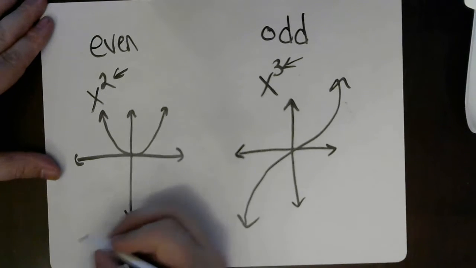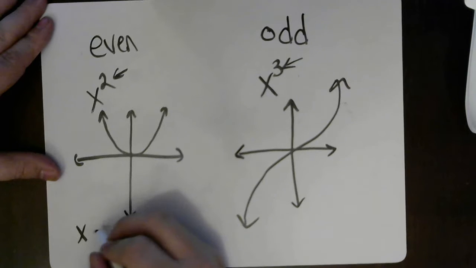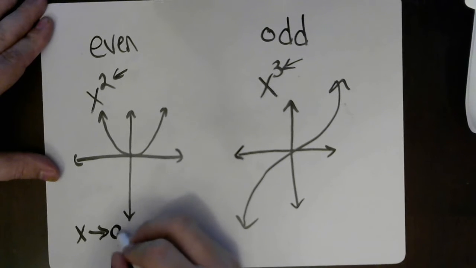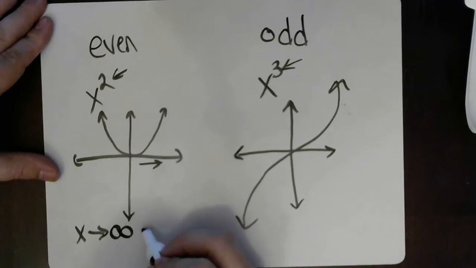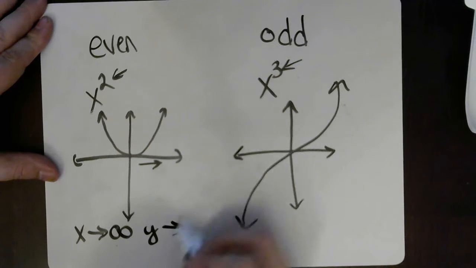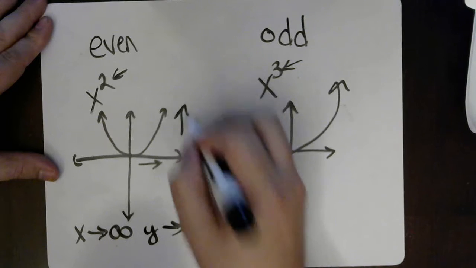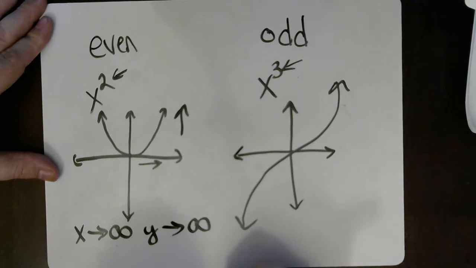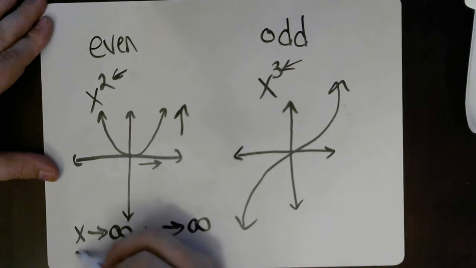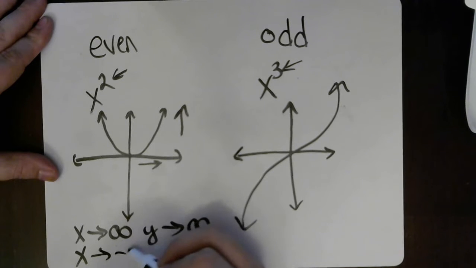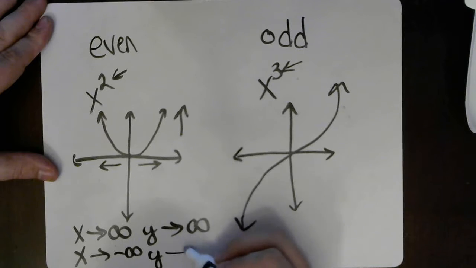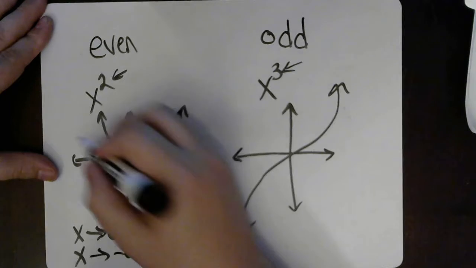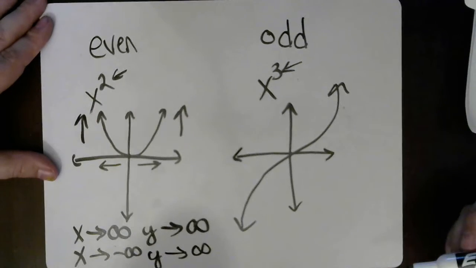As x goes to infinity, so as x goes to the right, y goes up, to infinity as well. As x goes to negative infinity, in that direction, y goes to positive infinity, it is going up.